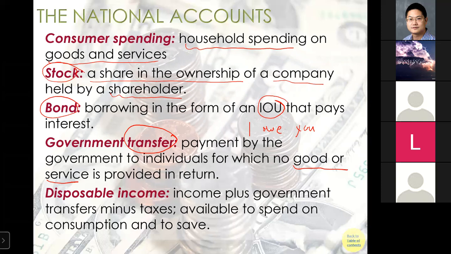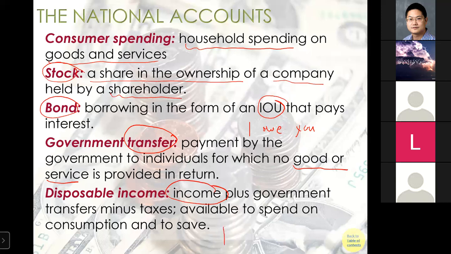Now we go to the next one, called disposable income. This is the income you earn, for example, the paycheck you receive from your employer, plus government transfer, minus taxes. Let me just write that.